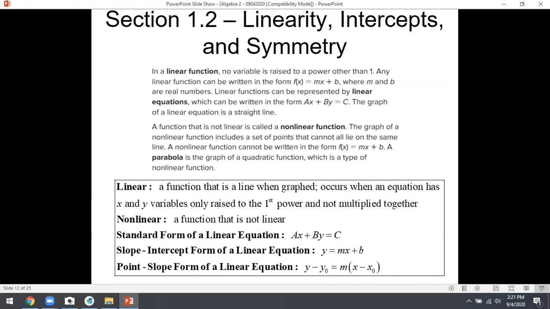Creatively, if it's not linear, they call it nonlinear. So if you graph anything and it has any curve to it whatsoever, it's nonlinear. If you look at equations and the variables have any powers that aren't 1, it's not linear.